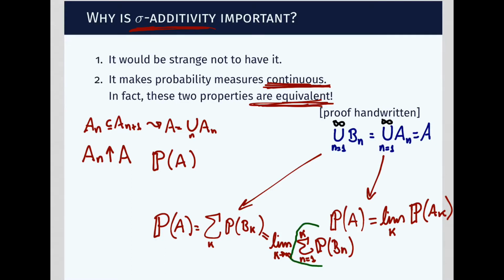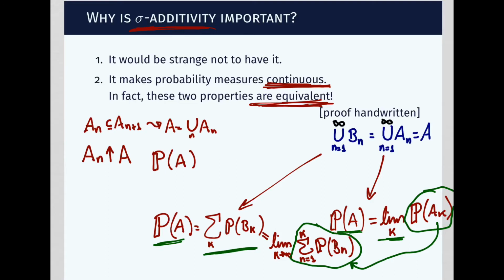Now, these two numbers are the same, simply because A_K equals the disjoint union of B1, B2, B3 up to B_K, and probability measures are finitely additive. So if this probability is given by this limit, it means this probability is also given by this infinite series, and vice versa. If this probability is given by this infinite series, then this probability is given by this limit.